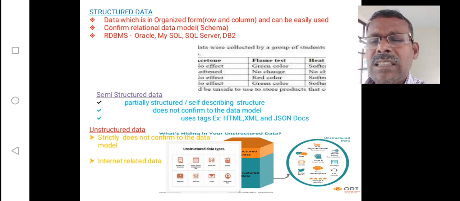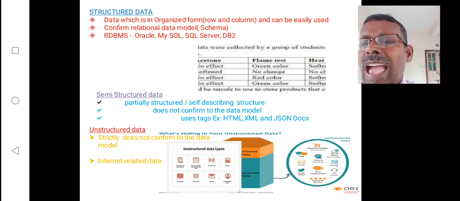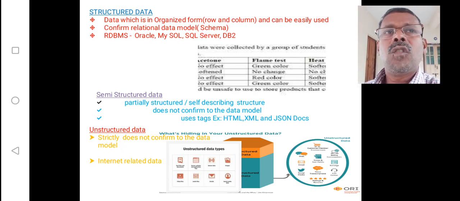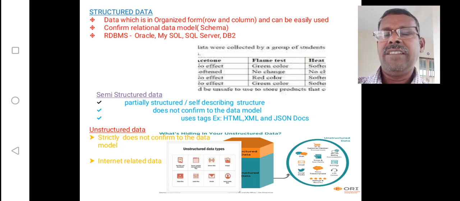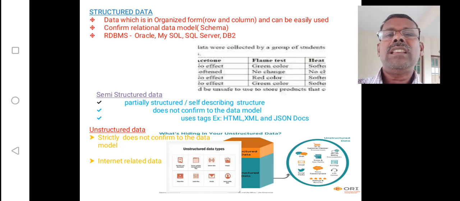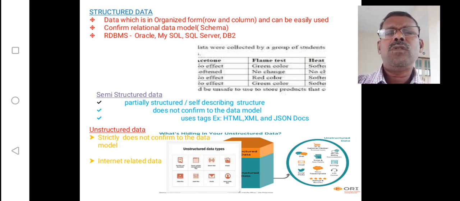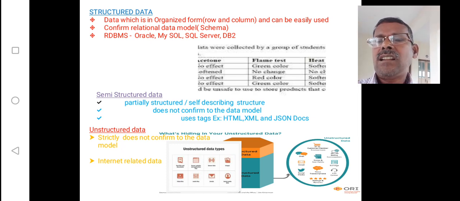JSON stands for JavaScript Object Notation. Then come to understand unstructured data. Nowadays we are using so many applications on computers and computer-based devices. When we use the internet and run applications, a huge amount of data is created. Whatever data is generated through the internet is mainly unstructured data.